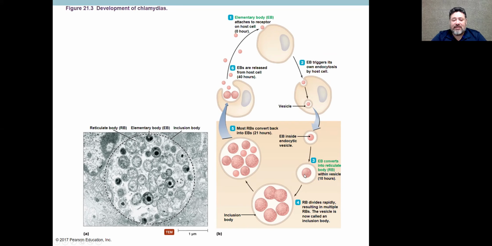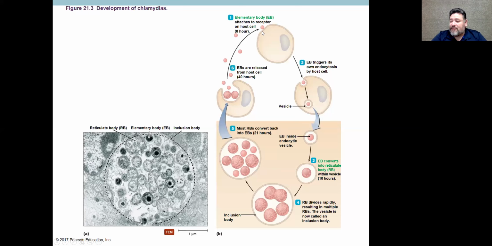So that means that this reticulate body can multiply in the phagosome inside the cell, and then in preparation for exiting the host, it goes from a reticulate body back to an elementary body, ceasing its metabolic function and exiting the host in order to traverse to a new frontier.